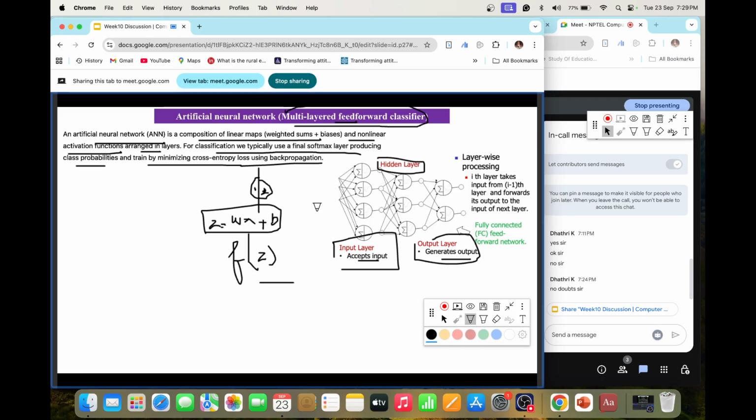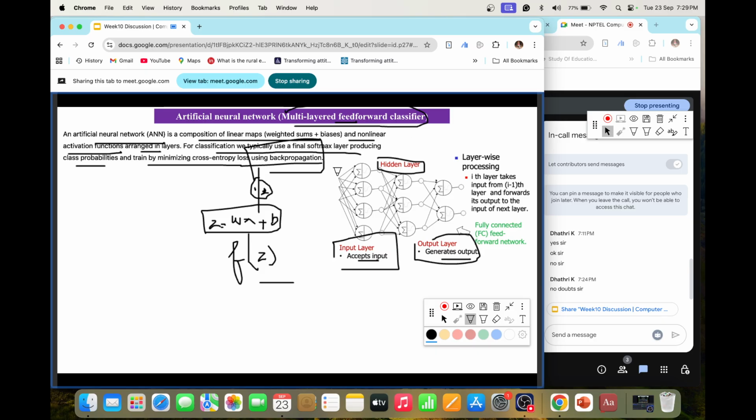Now regarding the update: how do we update the weights and biases? By the algorithm known as backpropagation. Why is it called backpropagation? Because error is propagated backward. Information flows forward, but error is always propagated backward.